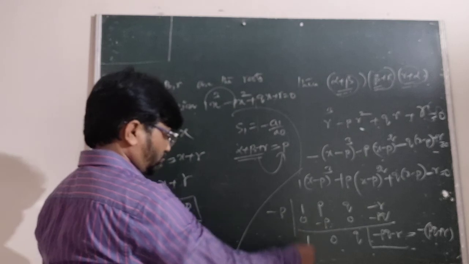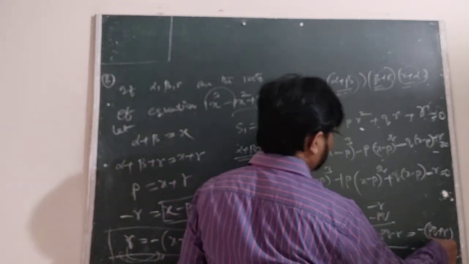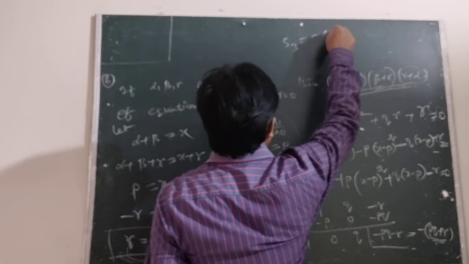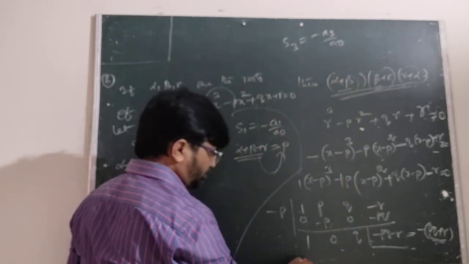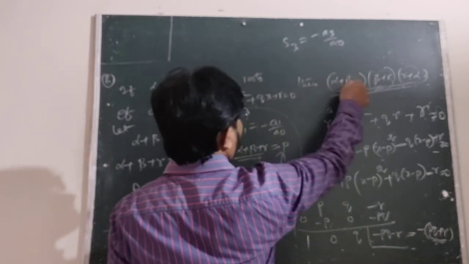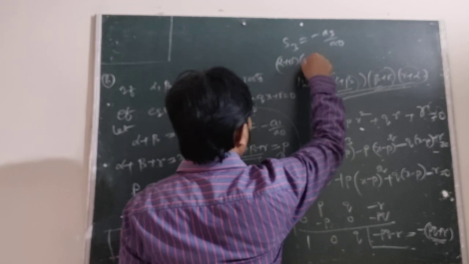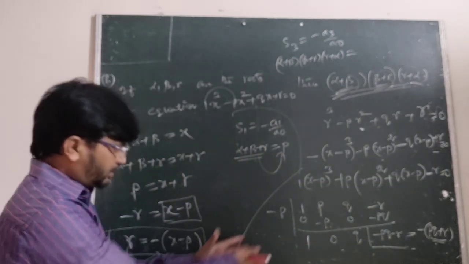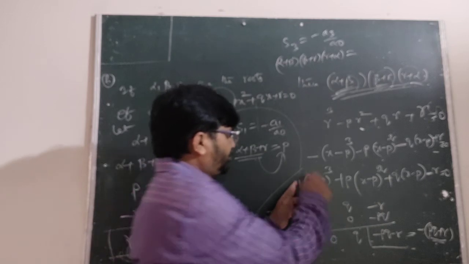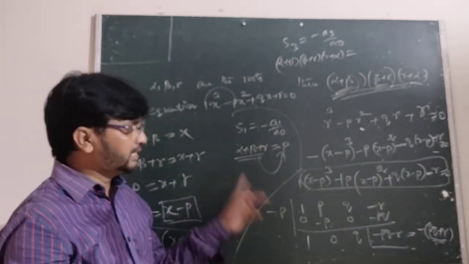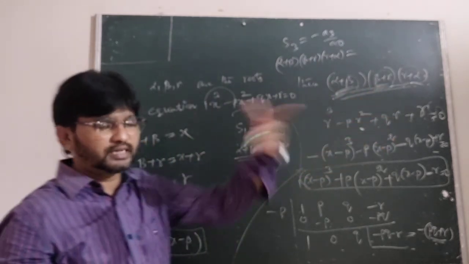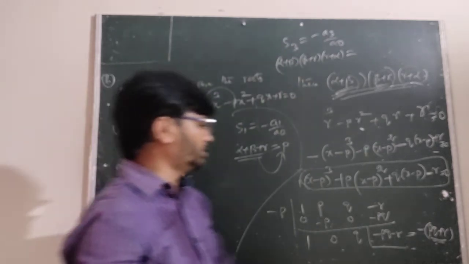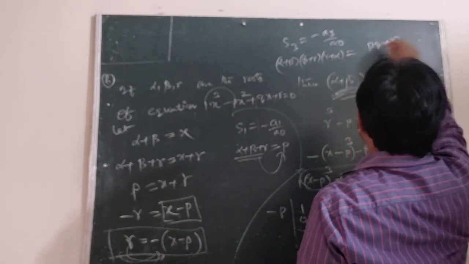The leading coefficient is 1, and this is a3. For the roots alpha plus beta, beta plus gamma, gamma plus alpha, the product of the roots S3 is minus a3 by a0. The leading coefficient must be 1, and the last term is the constant. After simplification we get the transformed equation having these roots, whose product is S3, minus a3 by a0, which is the value of pq plus r by 1.